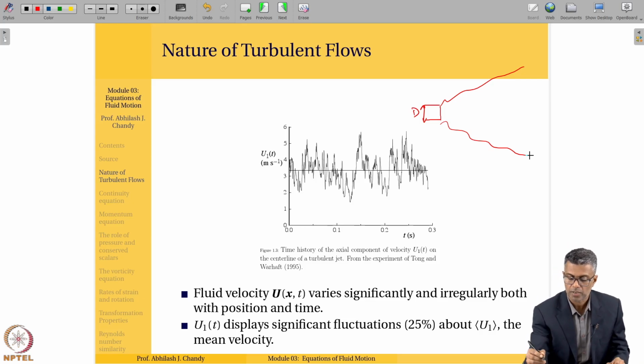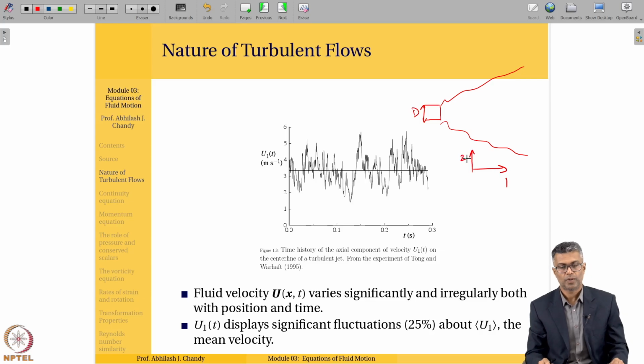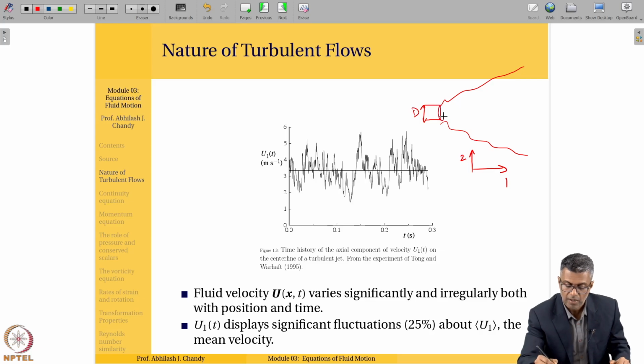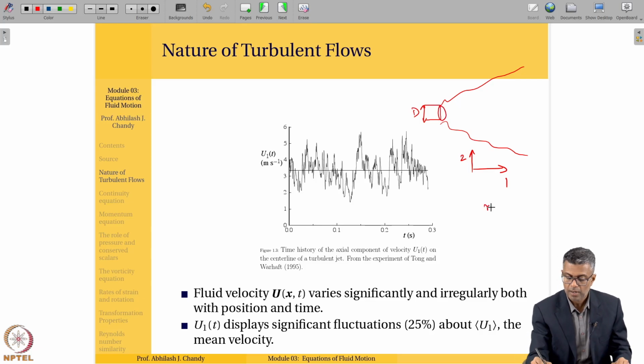And we consider the axial direction to be 1, the transverse direction to be 2. So that is the transverse or the radial direction. Assuming this is a round jet, we are talking about X, R, and theta.